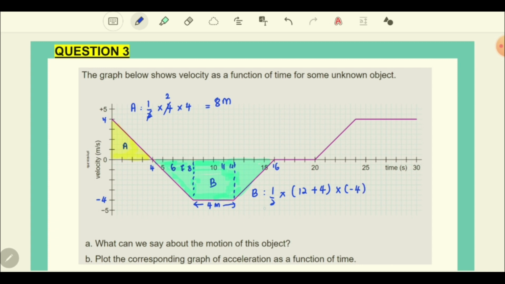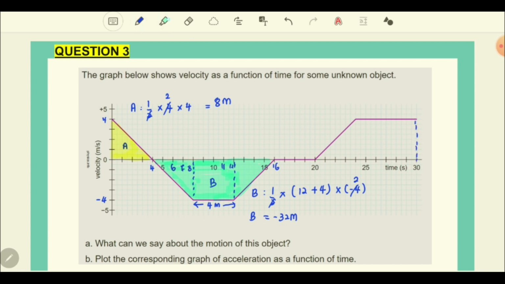So it's equal to negative, 12 plus 4, 16 times 2, negative 32. Okay, how about C?